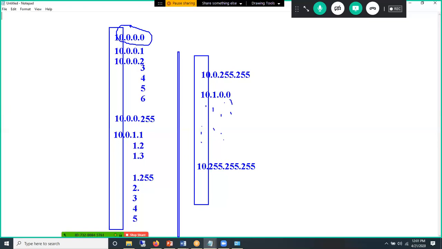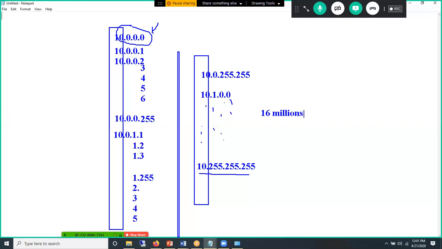This is the network ID of your network, meaning the address which is actually understood by your router. And the last IP, 10.255.255.255, is the broadcast ID. So except these two IPs, you can give any IP on your network. Whatever devices you are connecting, every device can have a unique IP address. Okay. So from here to here, you may have more than 16 million IPs.